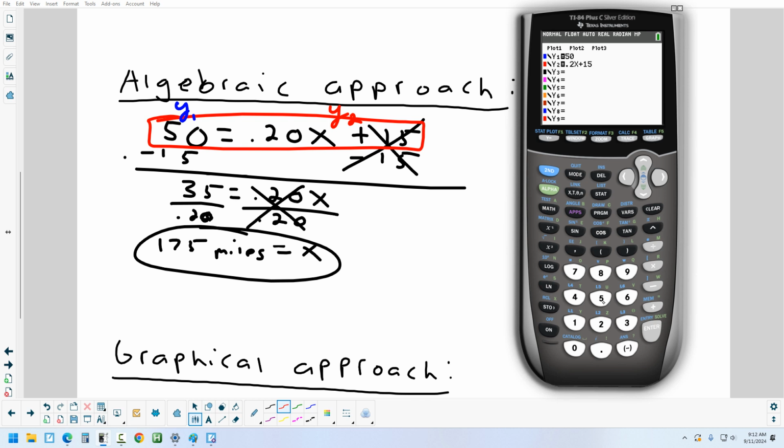Now, when we solved this algebraically, we used opposite operations. We had a plus 15, we did a minus 15. We had a times 0.2, we did a divide by 0.2. Okay, we did algebra. We're not going to do algebra this time. We're going to look at a picture. We're going to look at where the y1 picture and the y2 picture are the same.